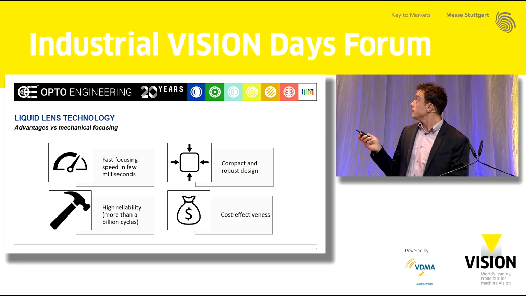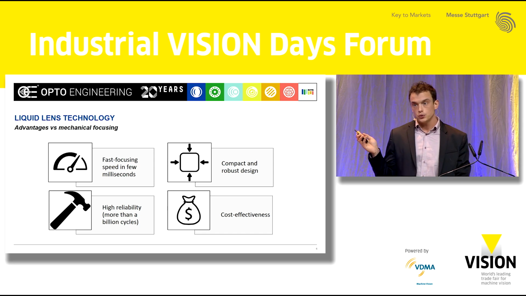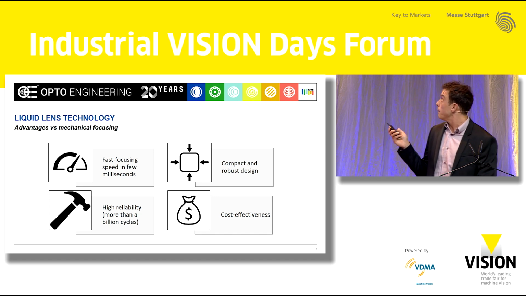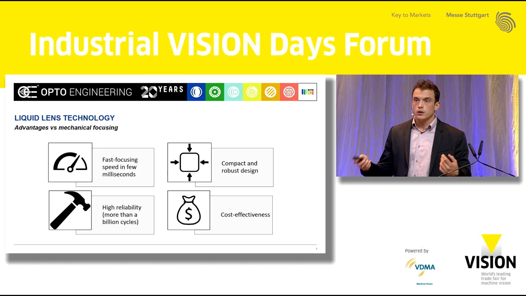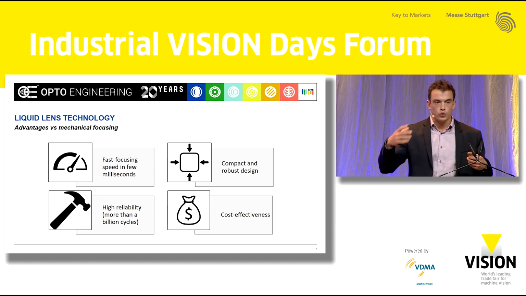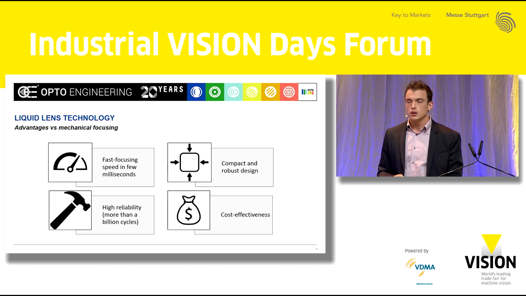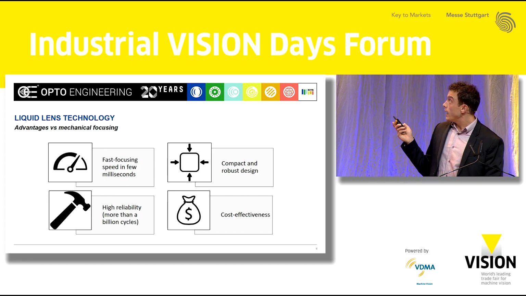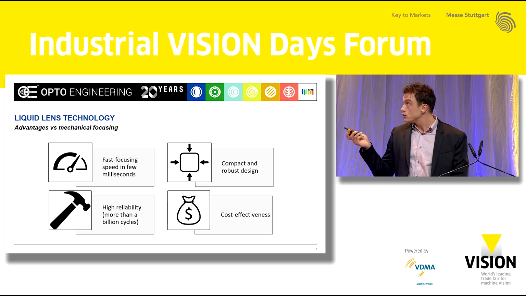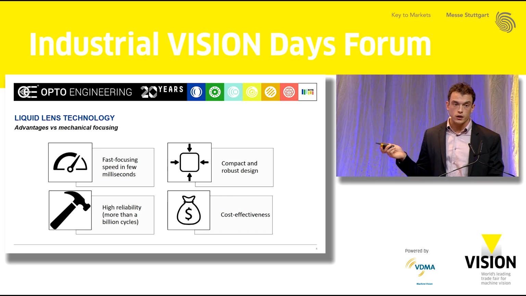Another important point is the design. This technology allows you to obtain a much more compact and robust design, not involving any stepper motor or whatever kind of mechanical solution you would be using. And it is also extremely reliable, because liquid lenses are generally guaranteed for more than 1 billion cycles.